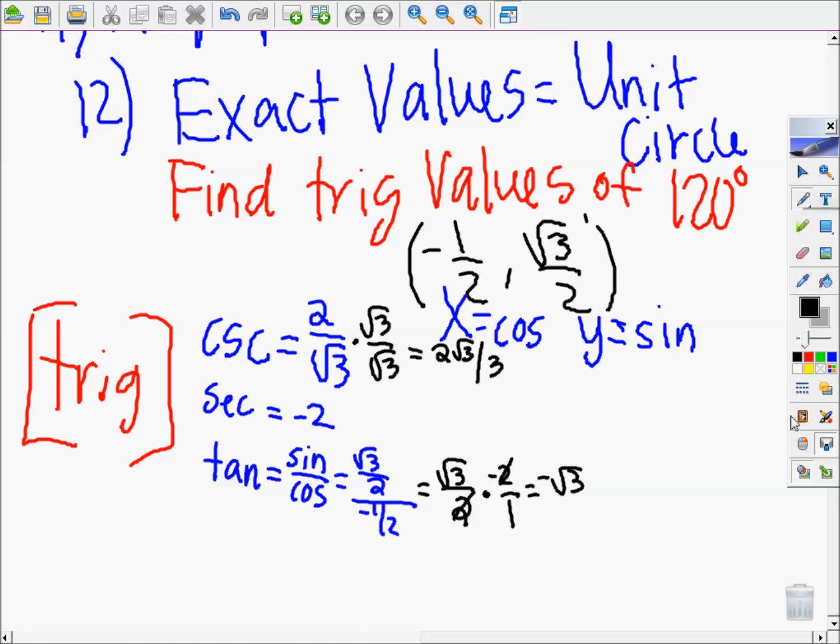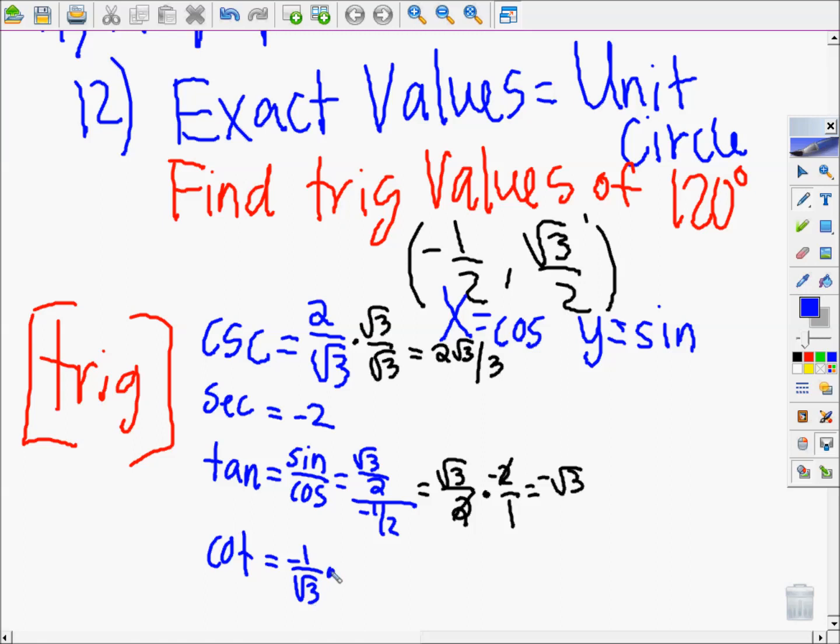All right. So then the other one would be cotangent, the last one. How would I find cotangent? Cotangent is the reciprocal of tangent. So if I know what tangent is, instead of being negative square root of 3, it would become negative 1 over the square root of 3. Can I have that? No. How do I get rid of that?